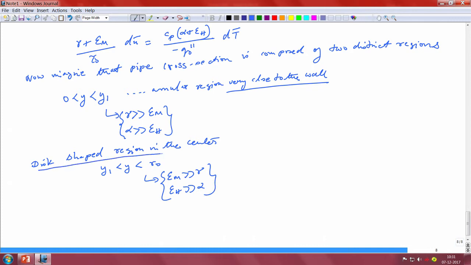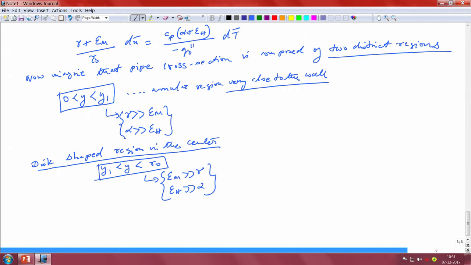So, this is the disc shaped region at the center, and this is the region which is very close to the wall. So, you consider that it is composed of two distinct zones.